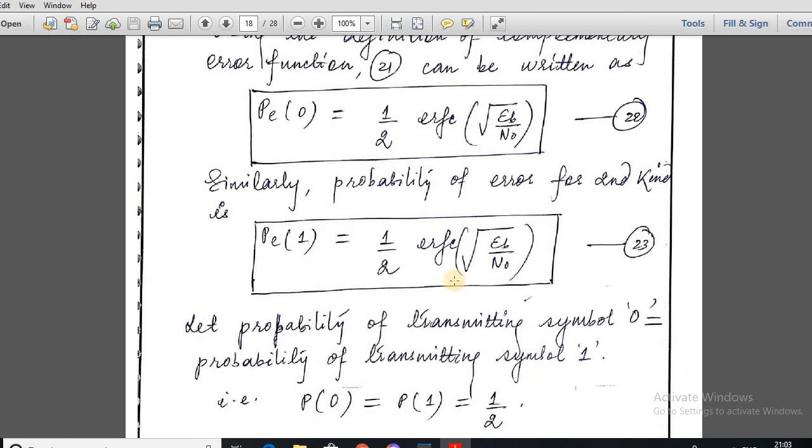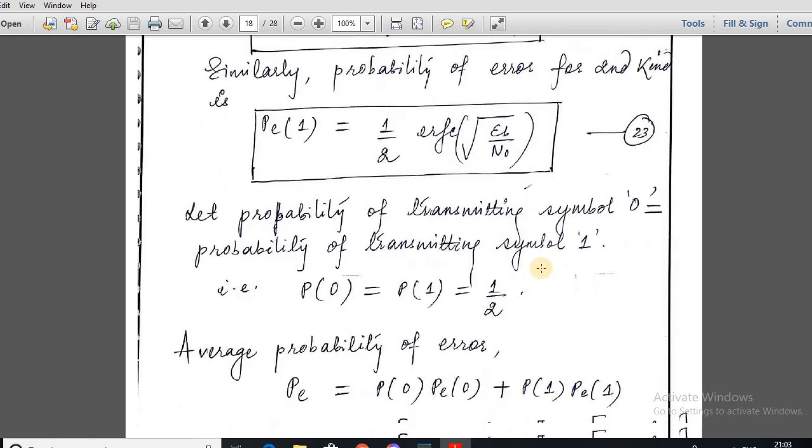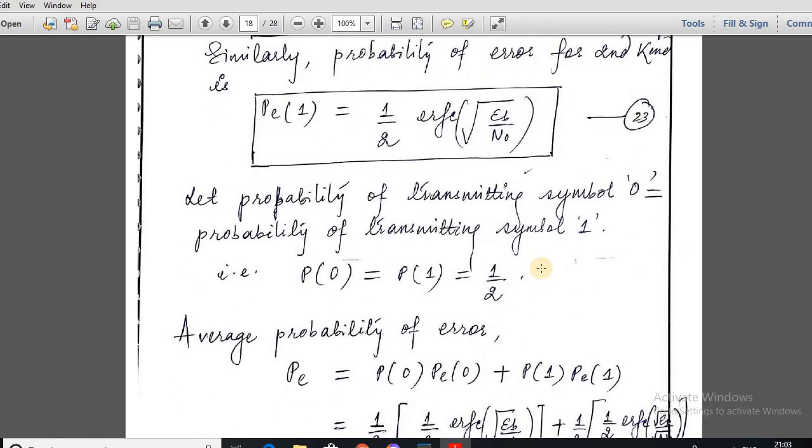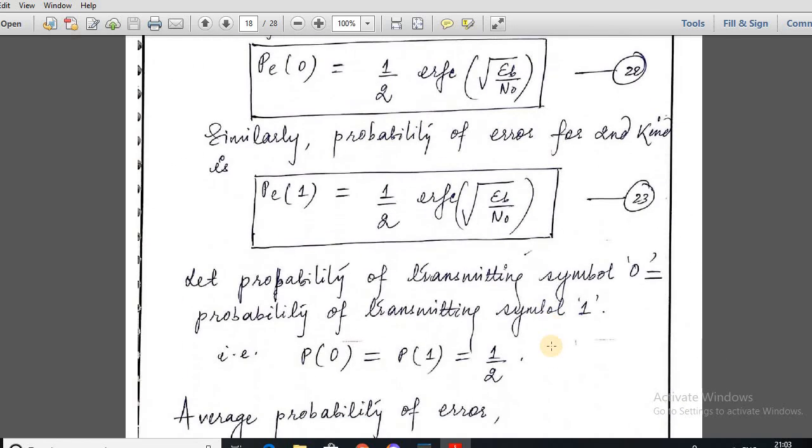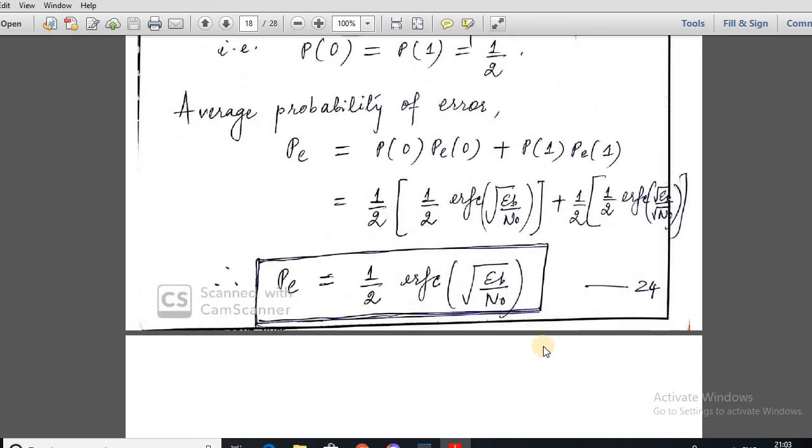The way we obtained the probability of error for zero transmission, similarly the probability of error for one transmission will be exactly the same, and the probability of transmitting 0 and 1 is the same, that is 1 by 2. So the average probability of error expression is PE equal to P of 0, the probability of sending 0, multiplied by the probability of making an error while sending 0, plus the probability of sending 1 multiplied by the probability of making an error while sending 1.